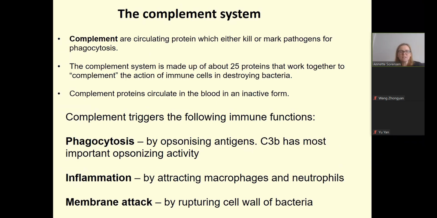Again, as with phagocytosis, they can mark the bacteria or the pathogen with these complement proteins, which then attract macrophages and neutrophils, and they secrete all these cytokines, which leads to inflammation. They can also kill bacteria by a membrane attack, so rupturing the cell wall of the bacteria.